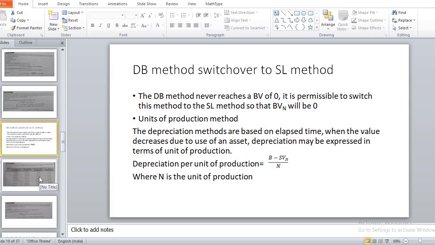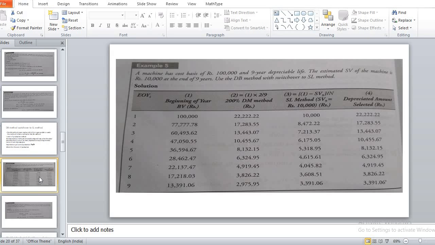We discussed that approach in the last video through a numerical. In that numerical, the straight line depreciation amount calculated by the straight line method, which is constant for each year, was modified by considering the updated book value for that particular year.